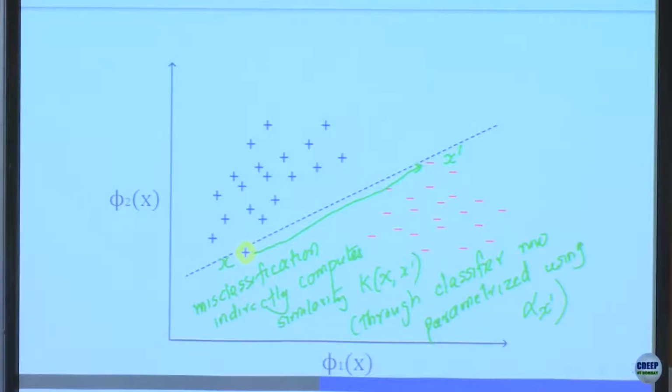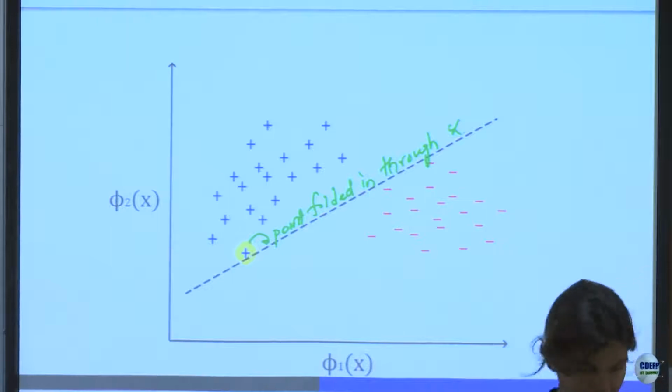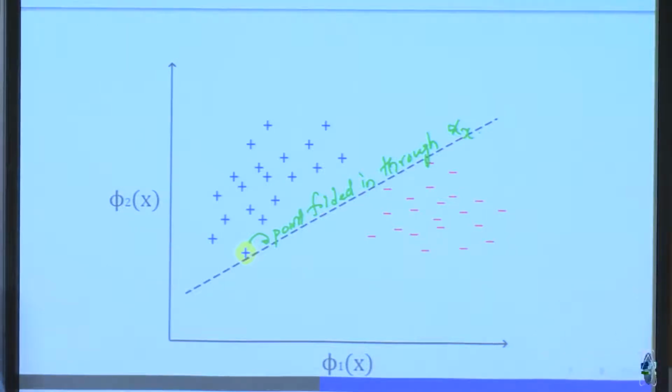This is the key point. So you have the k, and k is now parameterized using alpha x prime, and the story continues. You again fold this point in, through its own weightage alpha x.